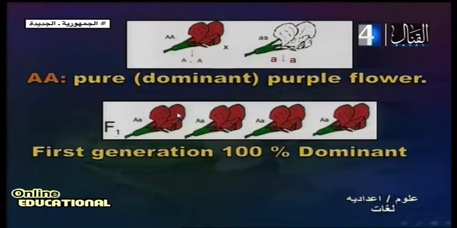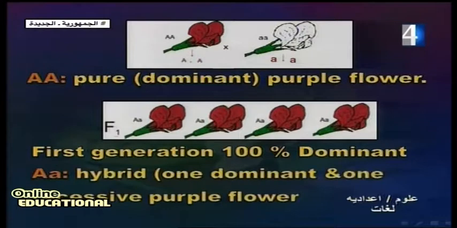First generation 100% dominant. A capital A small is called a hybrid: one dominant and one recessive allele, purple flower.